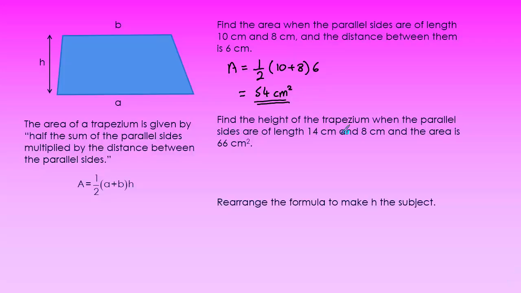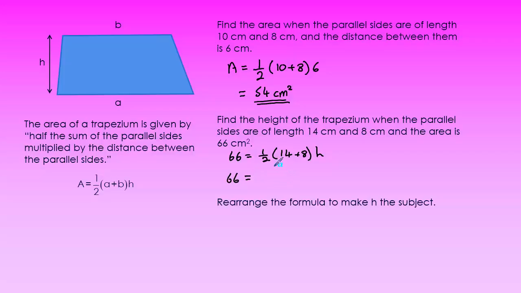Find the height of the trapezium when the parallel sides are of length 14 centimeters and 8 centimeters and the area is 66 centimeters squared. So this time we know capital A. It's 66. We know the parallel sides of 14 and 8, and we're trying to find the height.